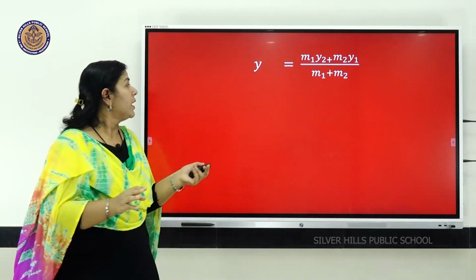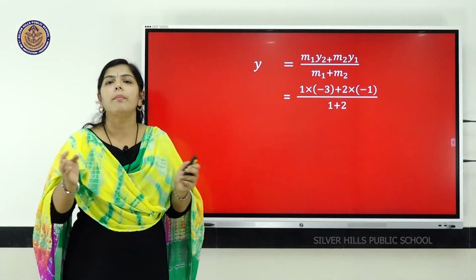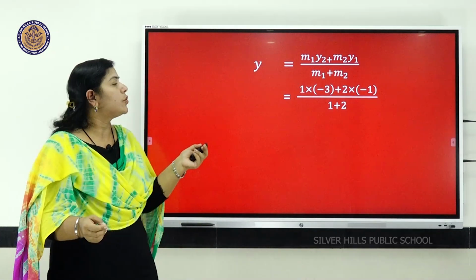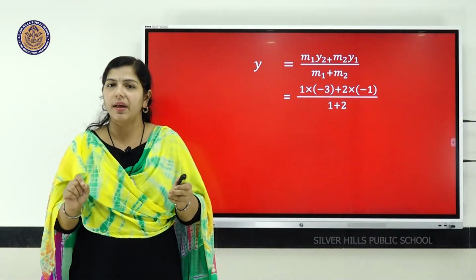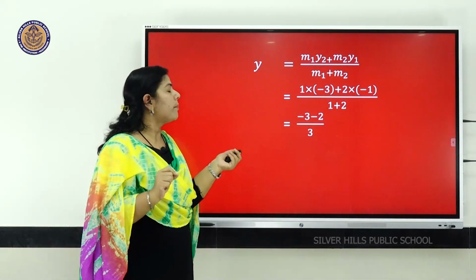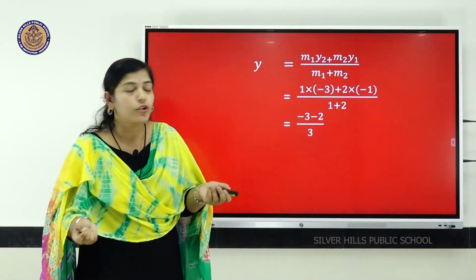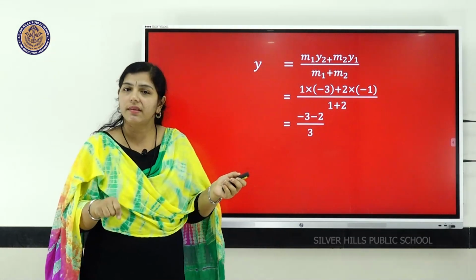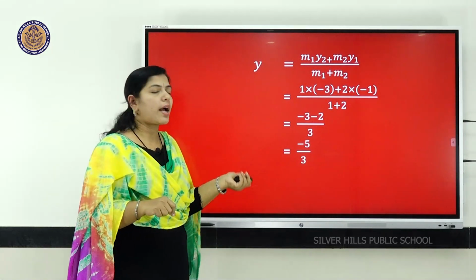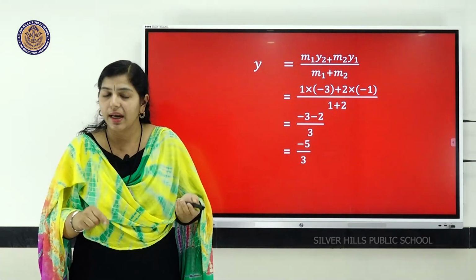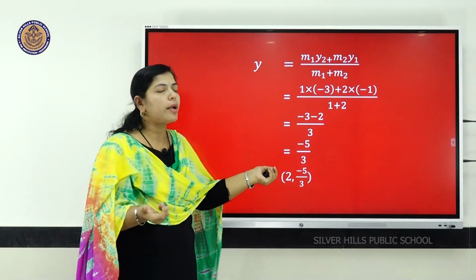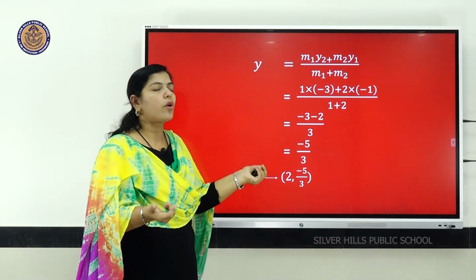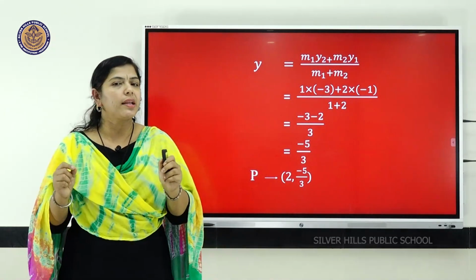That is equal to 1 into minus 3 plus 2 into minus 1, whole divided by 1 plus 2, that is minus 3 minus 2, whole divided by 3, equal to minus 5 by 3. It can be a fraction also. So, the required point P is (2, minus 5 by 3).